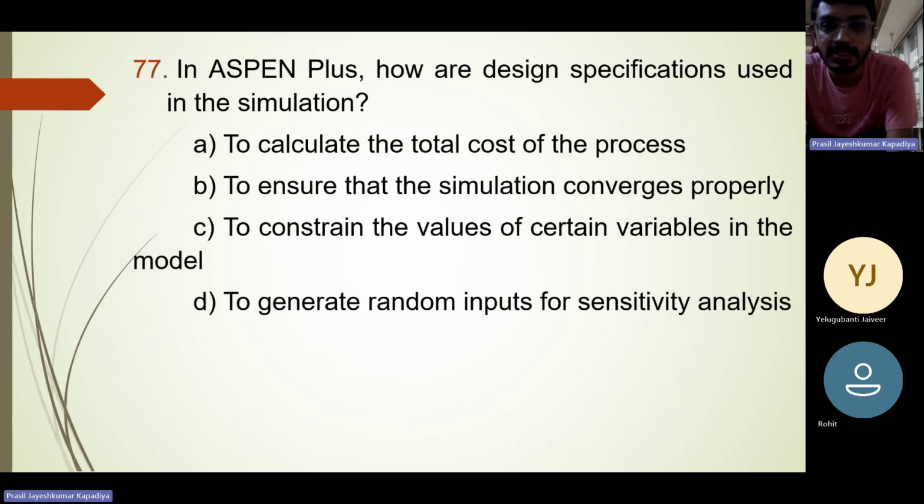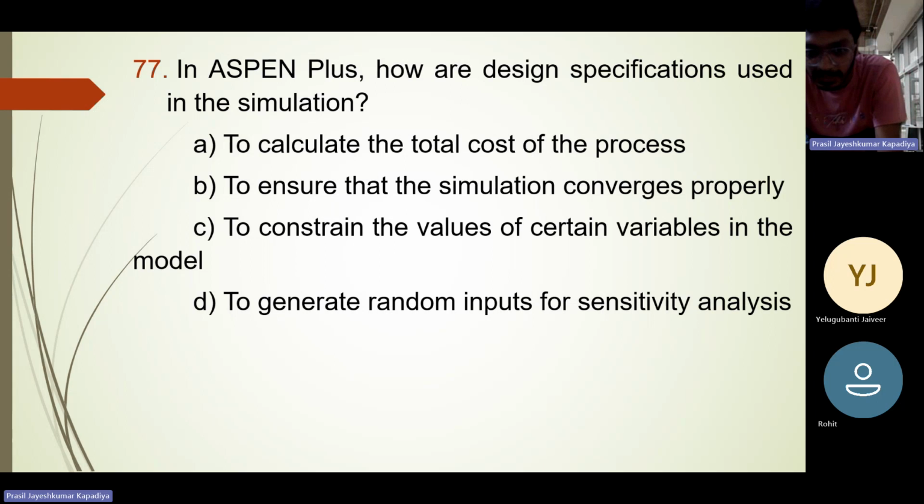In Aspen Plus, how are design specifications used in the simulation? The options are to calculate total cost, to ensure the simulation converges properly, to constrain values of certain variables, and to generate random inputs for sensitivity analysis. It is option C. Let's say I perform sensitivity analysis by varying temperature on feed composition, and now I want exactly 98% purity.